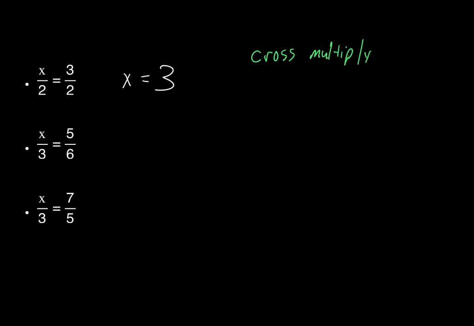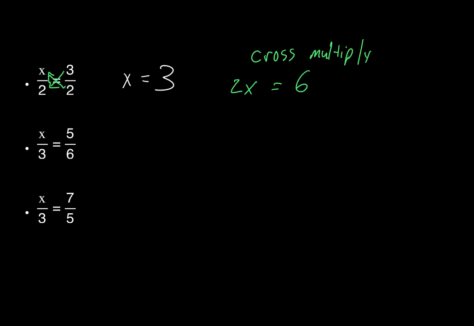So when I have equal fractions, I could multiply across. 2 times x is 2x. 2 times 3 is 6. And then x equals 3 when you divide both sides by 2. This is actually what we did on that last slide. We found the common denominator by multiplying and then set them equal to each other. And you ended up multiplying the denominators of each times the numerators of the other side.